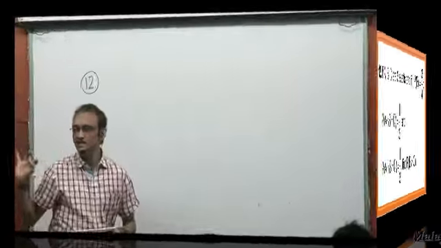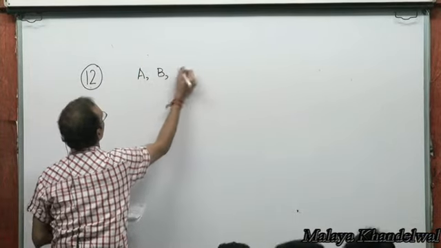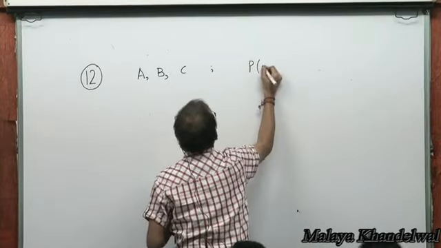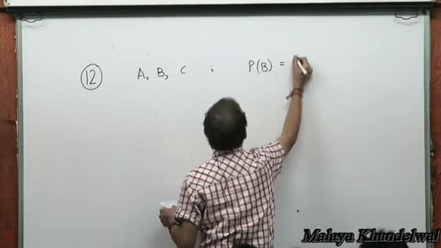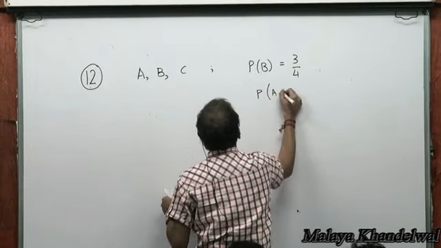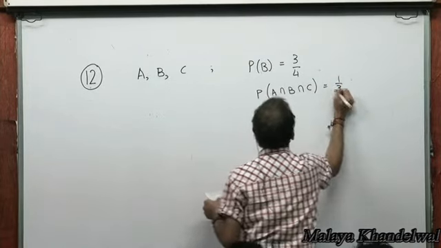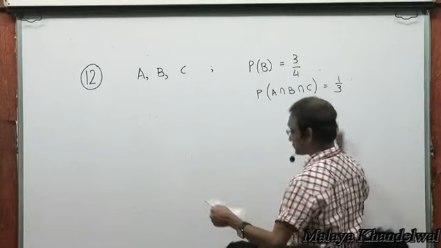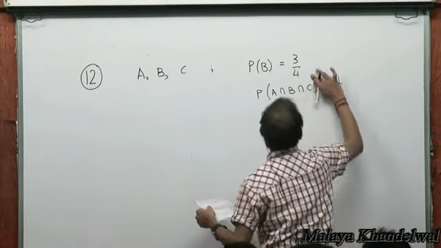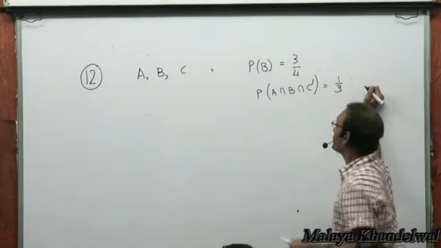A, B, C are 3 events. Probability of B is 3/4. Probability of A intersection B intersection C complement is 1/3, right?